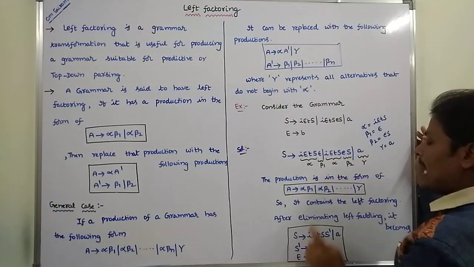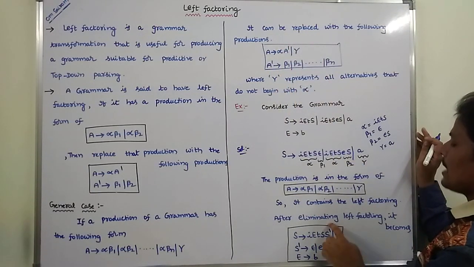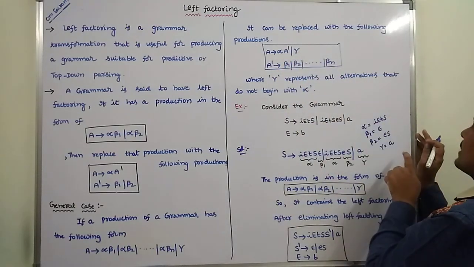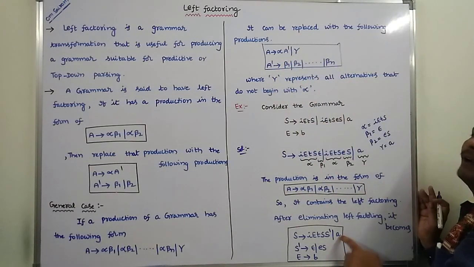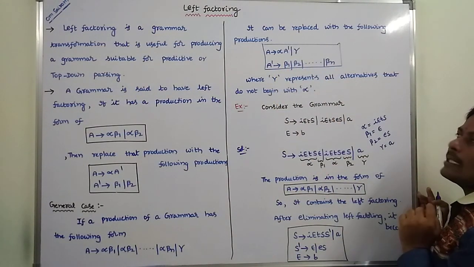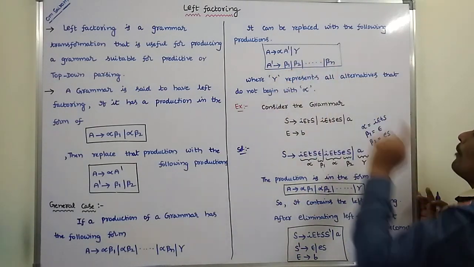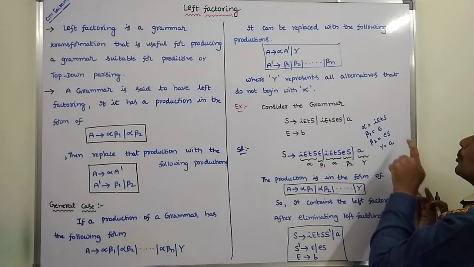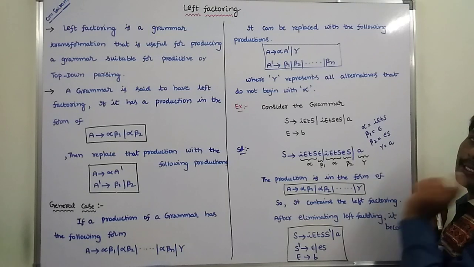A dash is nothing but S dash slash gamma. Gamma is nothing but A. Next, A dash, that is S dash, tends to beta 1, beta 1 is epsilon, or beta 2 is ES.